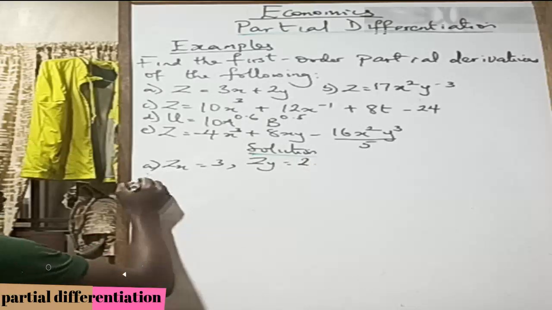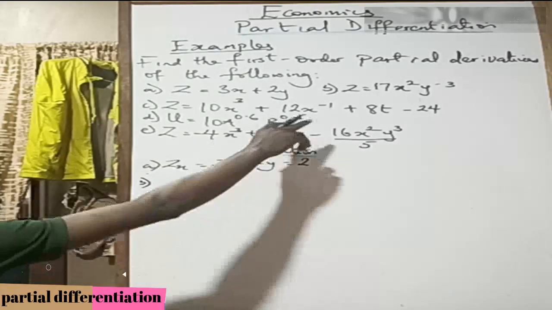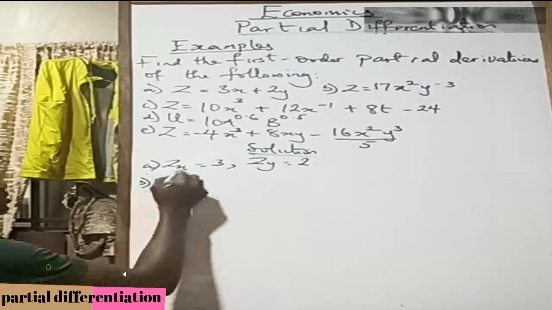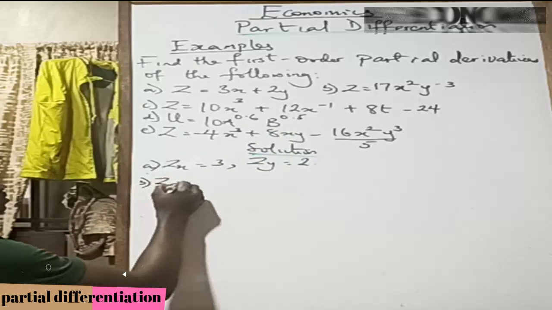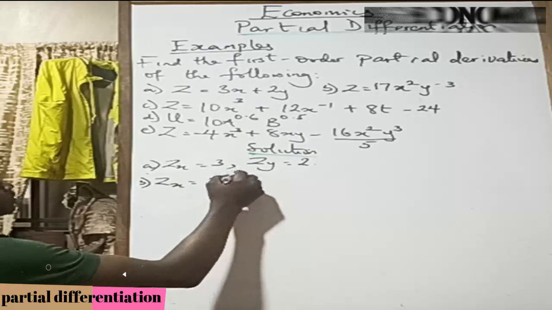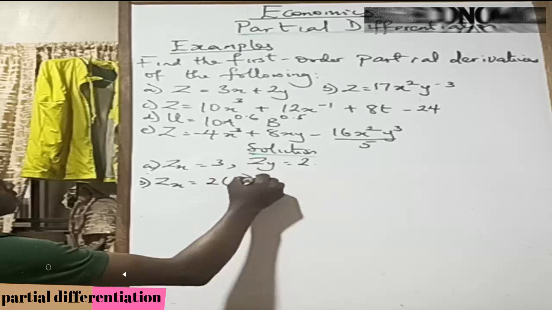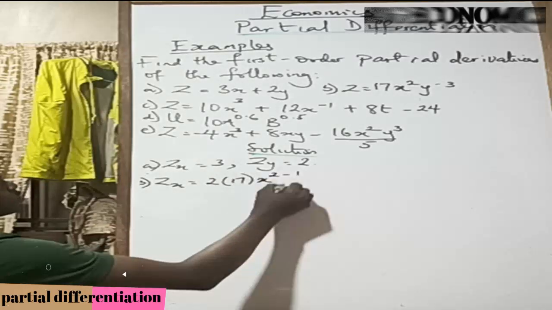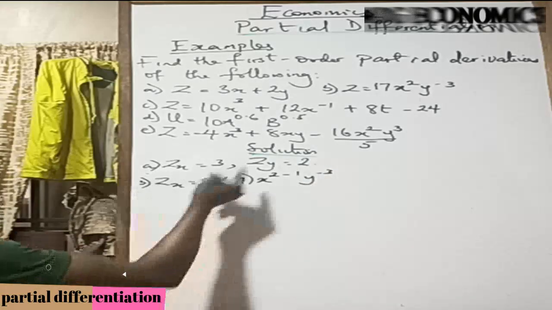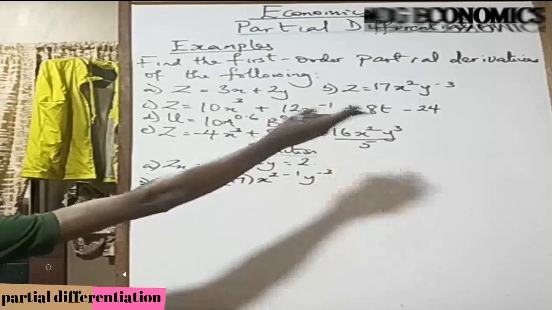Then B, z is 17x squared, then y raised to power minus 3, so they are together. In that case, zx will be equal to the power on x, which is 2, multiplied by 17, x to the power 2 minus 1. Then you leave y alone, so y is like a constant too, just like 17, so that's how you treat y.